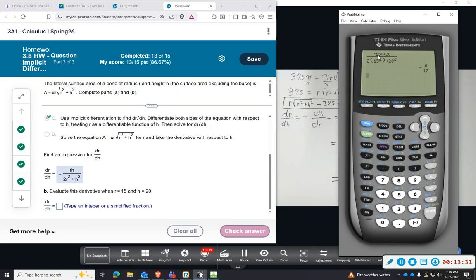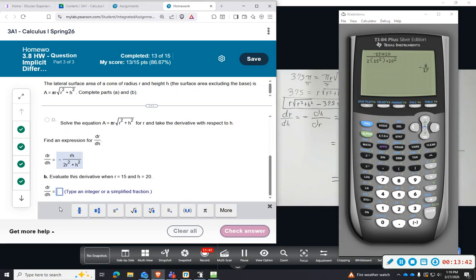All right, so this is solving it and reducing it to lowest terms for us. So after that happens, we get a negative 6 over 17. And so that's the rate at which the radius is changing with respect to height. Negative 6 divided by 17.